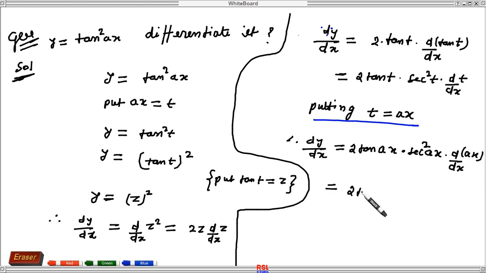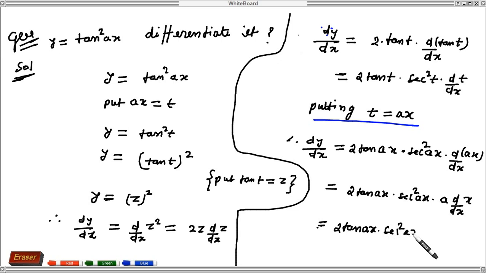So 2 times tan ax into sec square ax. So d/dx of ax, a is outside and d/dx of x will be 1. That is a. Sec square ax. So that will be the final answer.